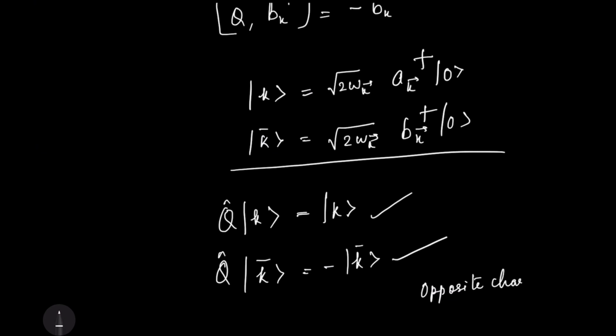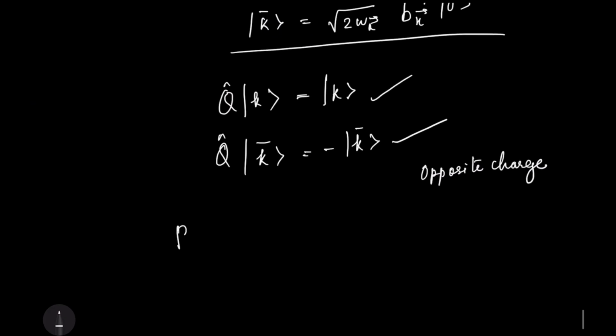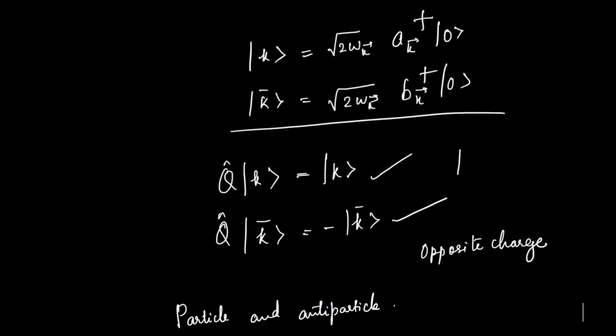They have opposite charge. When you have two particles with all the quantum numbers the same except that they have opposite charge, we call them particle and antiparticle. So Q acting on k equal to k is the particle, and Q acting on k bar equal to minus k bar is the antiparticle.